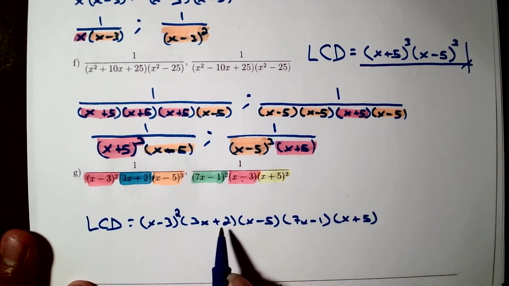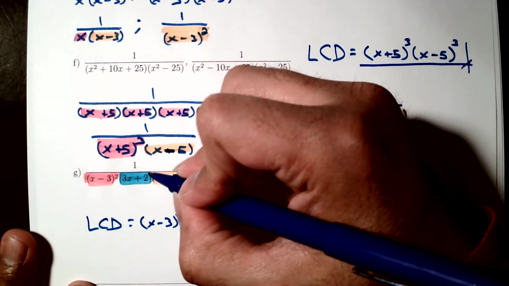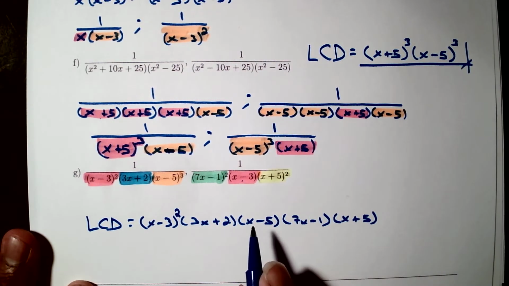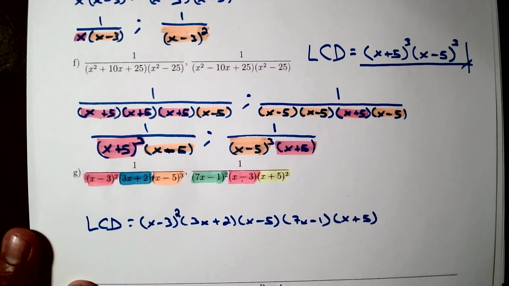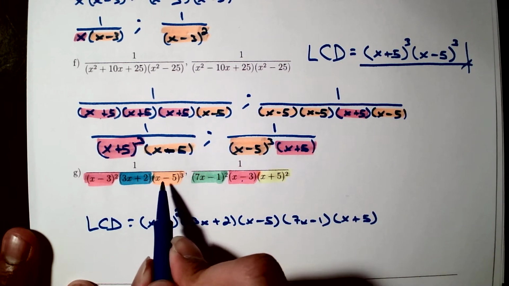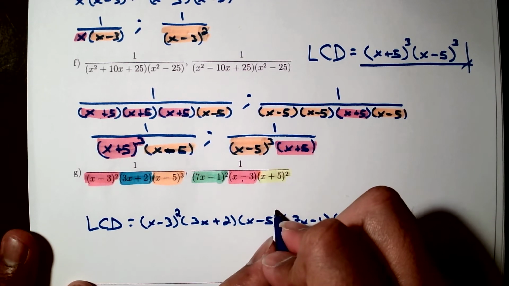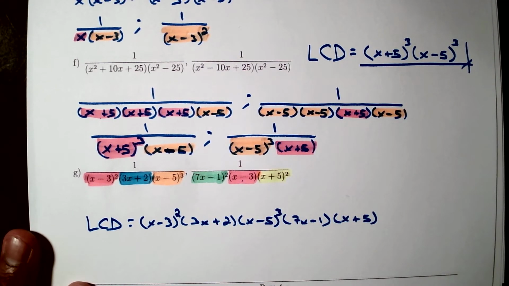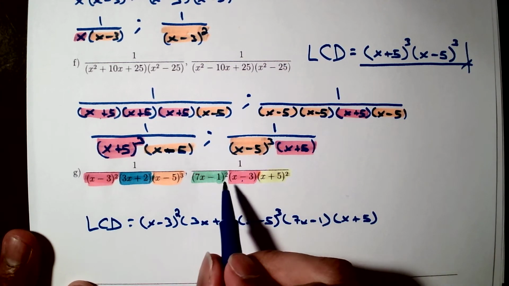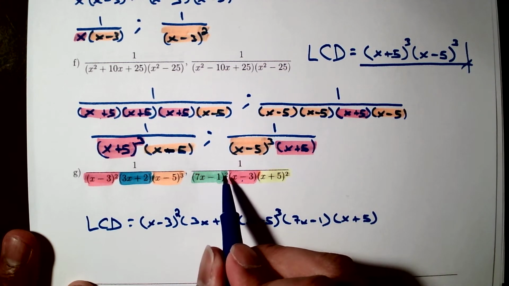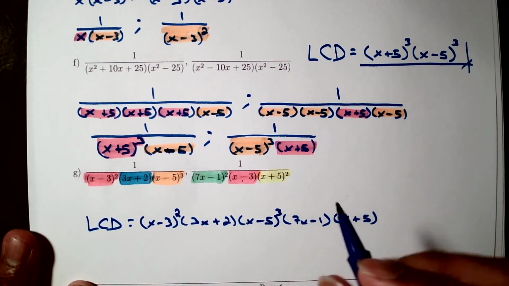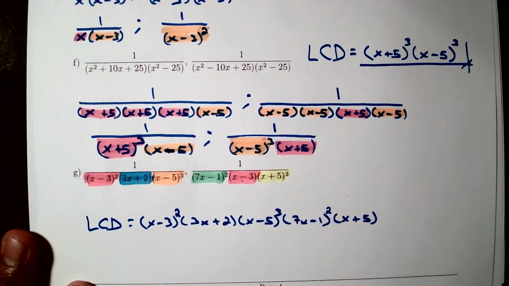3x plus 2 only appears once and appears to the first power, so we'll leave it the way it is. X minus 5, on the other hand, appears to the third power, but appears only once, so that's the power that goes with it. 7x minus 1 appears to the second power, but it only appears there, so that's the one we take.